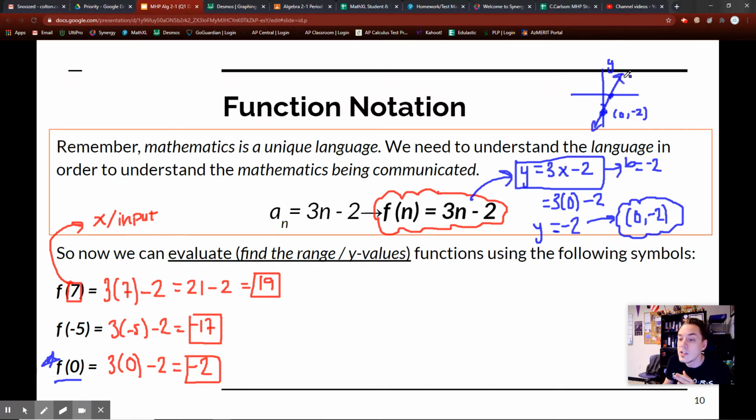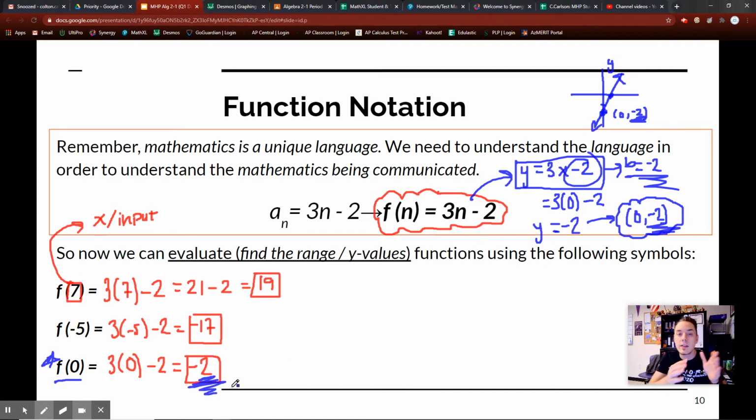So why did he say that you're going to start here at negative 2? I'll tell you why. Because it's a function, and guess what? If I plug 0 in for x, I get negative 2, my b, for y. And that's exactly what I have here.